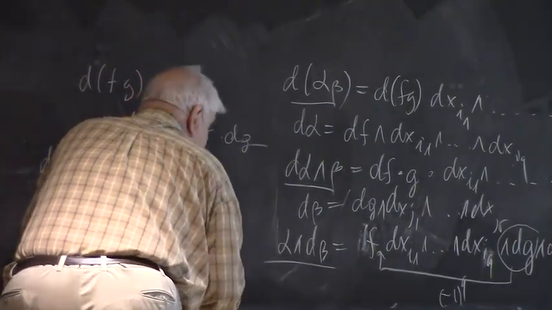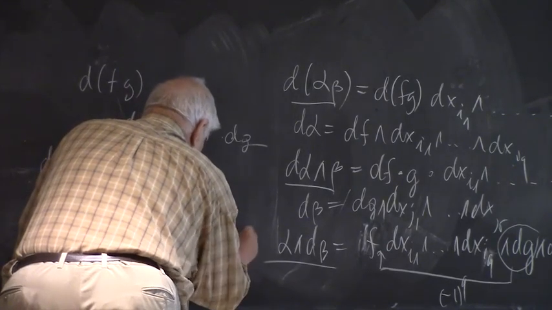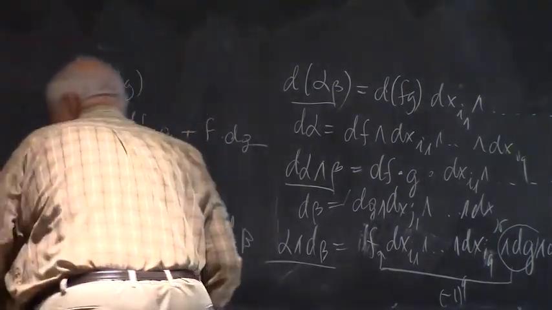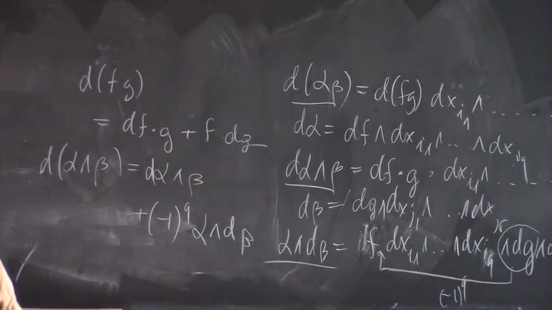I neutralize it by multiplying by one more negative 1 to the power q. And I have my favorite formula. This is now on the board. You see how axiom number 2 can be checked.